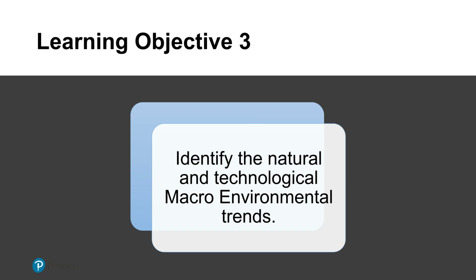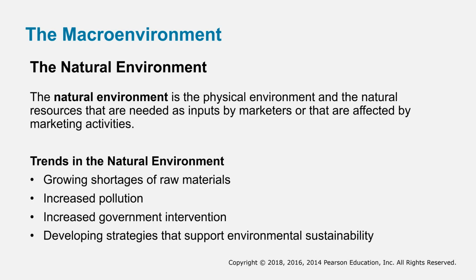So last but not least, let's look at the natural and technological environments and how Zippies can proactively address those. The natural environment includes shortages in raw materials and increased pollution. There's no doubt in my mind that raw materials such as produce are going to be impacted by the issues at the volcano on the Big Island, especially the Kona coffee.